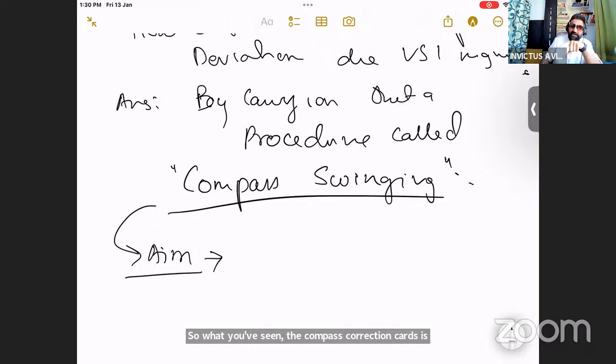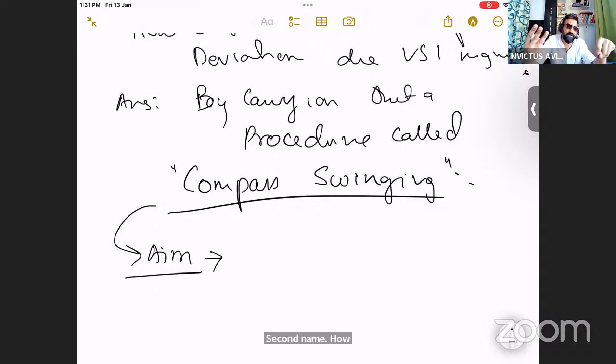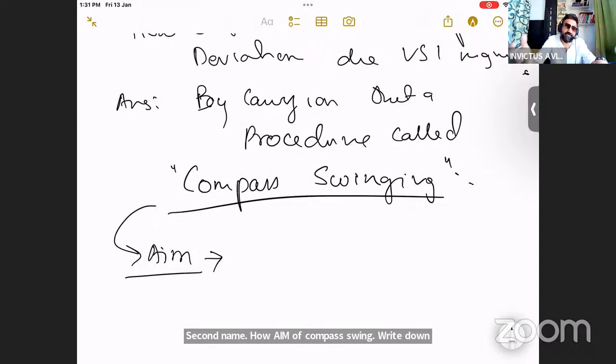So this second aim is with respect to that, to correct or remove as much deviation as possible. Third aim of compass swing, write down: to record the residual deviation which is left after the compass is adjusted.